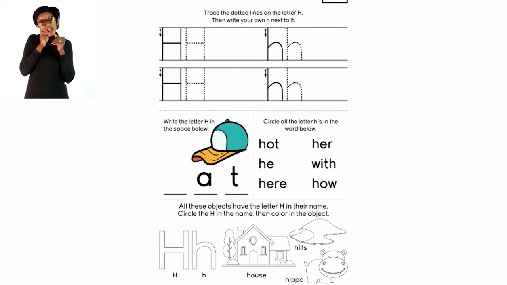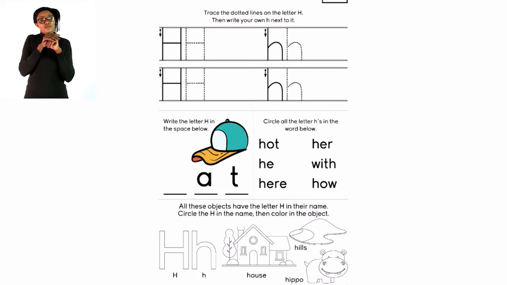Let's think. What starts with H? Hat. Does it start with H? Yes. House. Does it start with H? Yes, very good. Now let's see what we have to do on page 10.